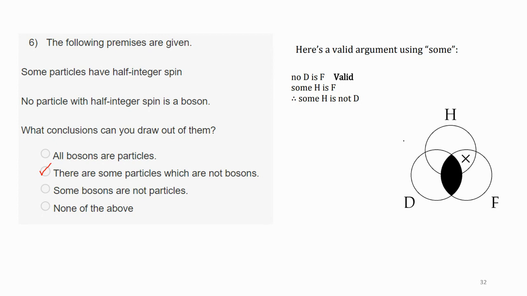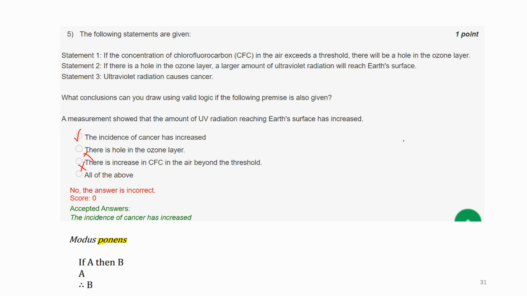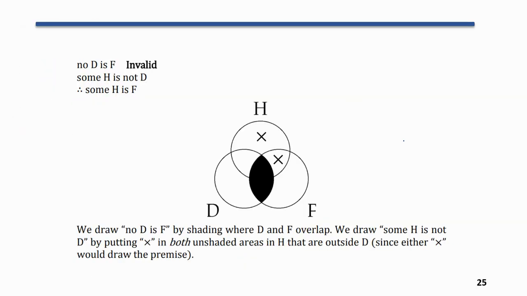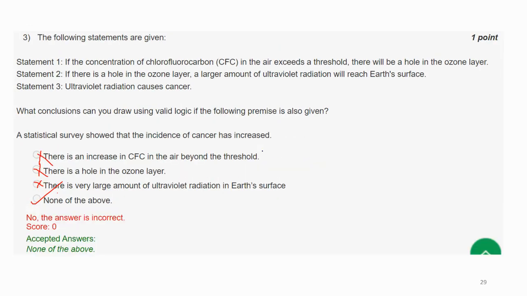If it had been said that some H is not F, like here, some H is not D, then the outside of the overlapping portion will be crossed, not the overlapping portion. Clear? When there is a not, then the outside. When there is only some H is something, then it is the overlapping portion.